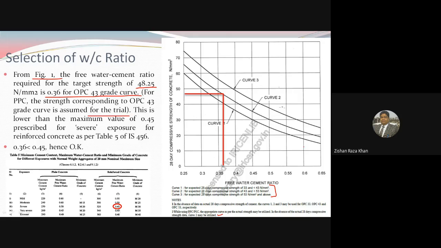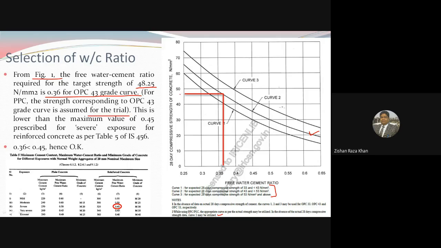So if it is available that the PPC which you are going to use has an actual strength given at 28 days, then you can read it based on that actual strength. But if it is not given, you can read curve number 2, the middle curve for OPC 43.